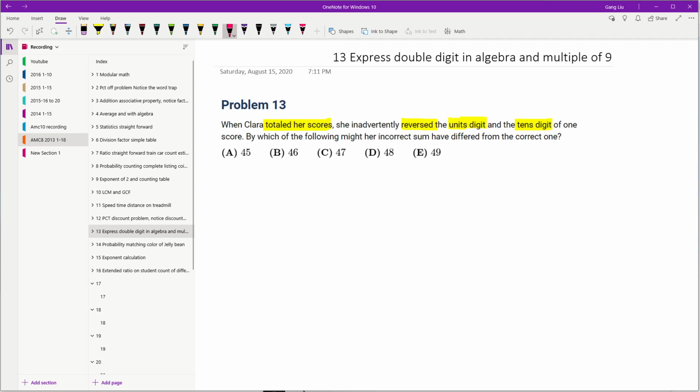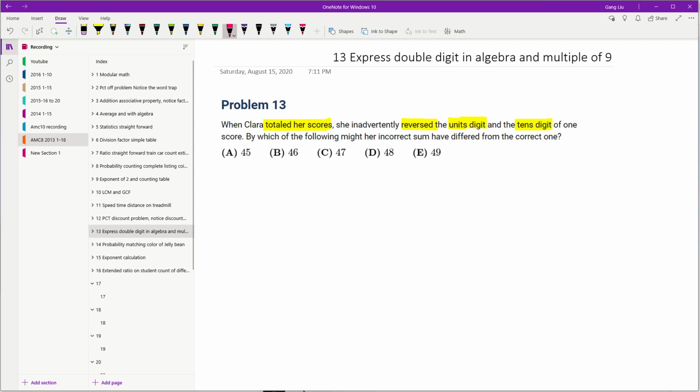So Clara only messed up one score. The difference of the other scores will cancel out, so we only consider this messed up score. And she reversed the unit digit and the tens digit.